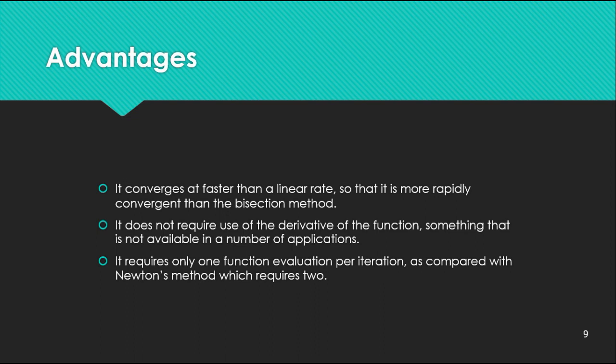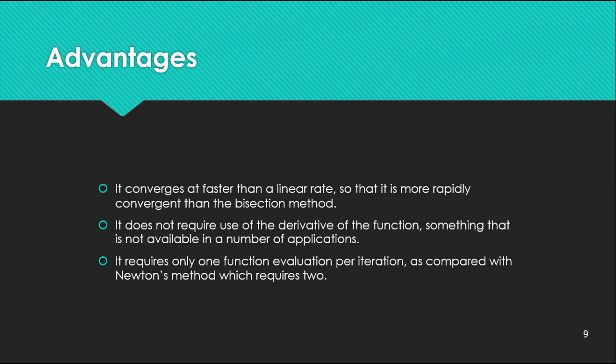The secant method is better than the bisection method in convergence, and it does not require the use of the derivative. As we have discussed, in the Newton-Raphson method we first need to find the derivative of the function, and there may be a lot of difficulties, or the function may be very time consuming to differentiate.